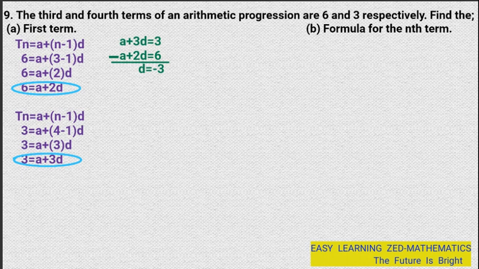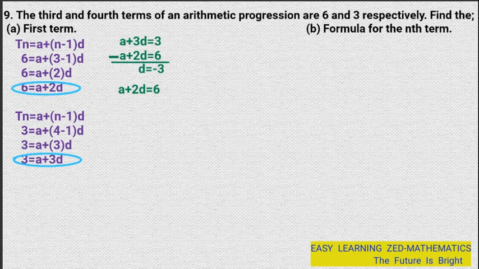Now we need to solve for a, which is the first term. Remember, a stands for the first term. So we're going to pick one equation, the one which is down, a plus 2d is equal to 6. You can pick any, both will give you the same answer. I'm going to replace d by the value we got, negative 3.